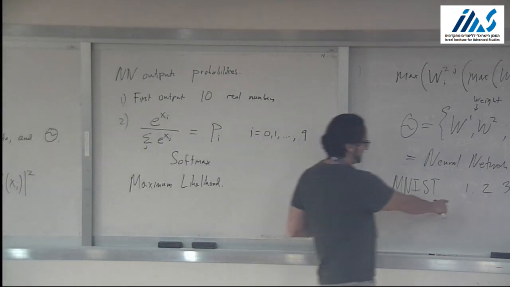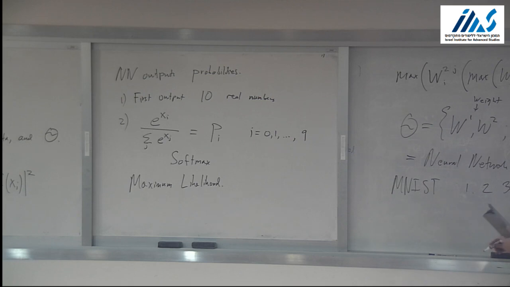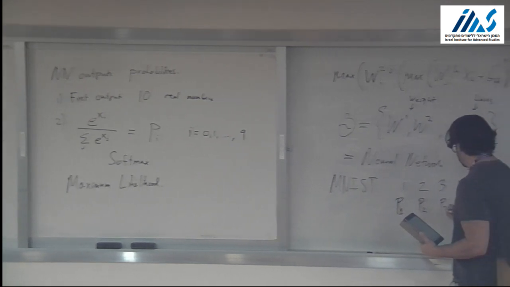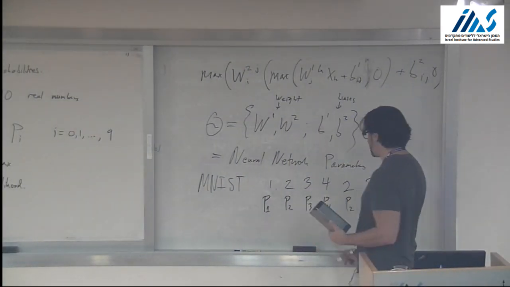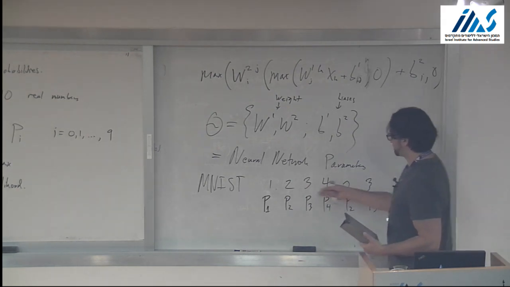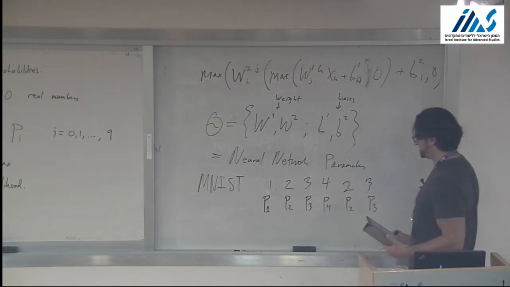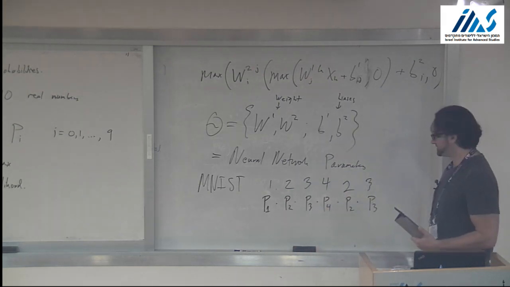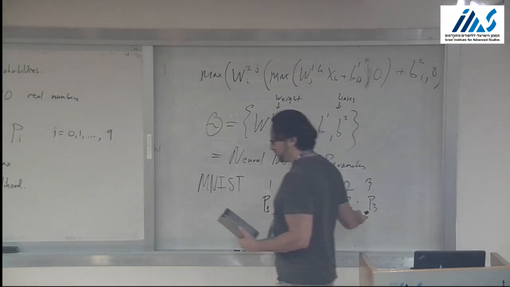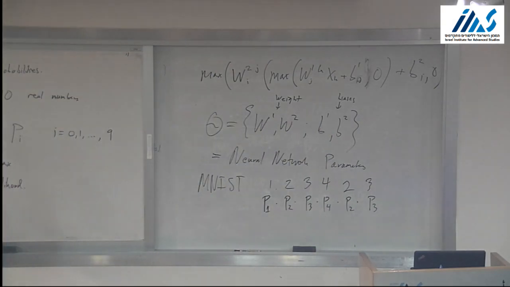If I have this sequence of digits, what I would output here is the probability that this is a 1, the probability that this is a 2, the probability that that's a 3, the probability that's a 4, the probability that's a 2, the probability that's a 3. And the likelihood that I was right about all 6 of these digits is just the product of these 6 numbers. But they're all numbers between 0 and 1, and taking the product of a large number of numbers between 0 and 1 is not a good thing to do.